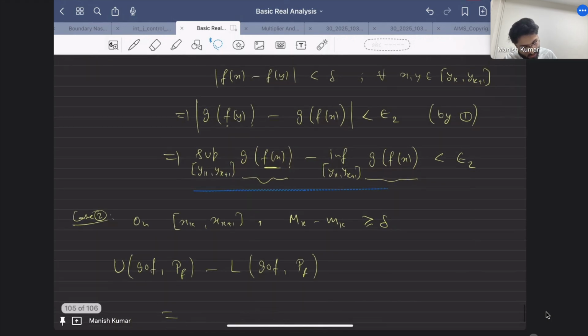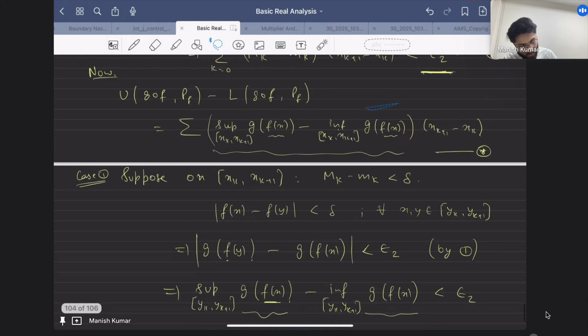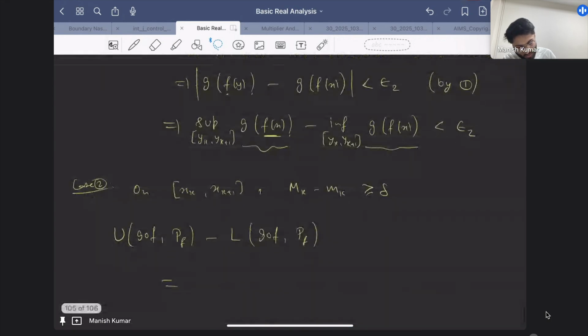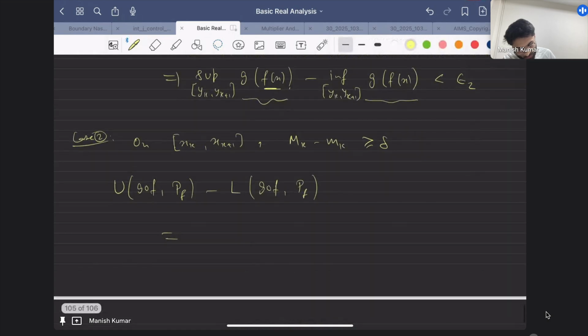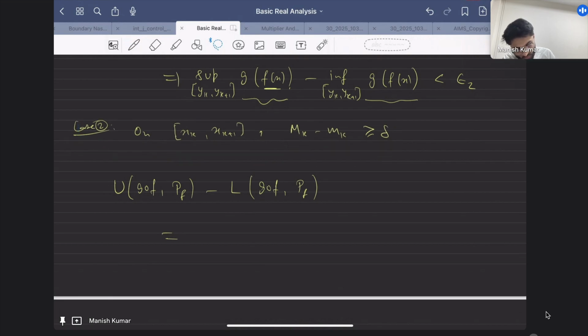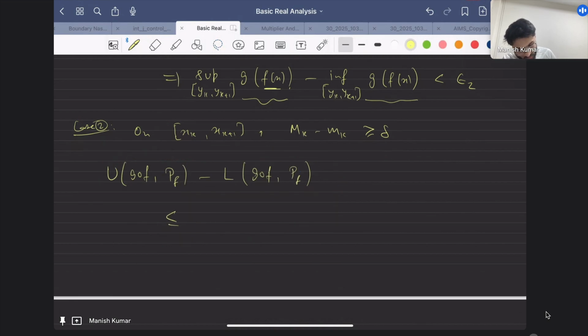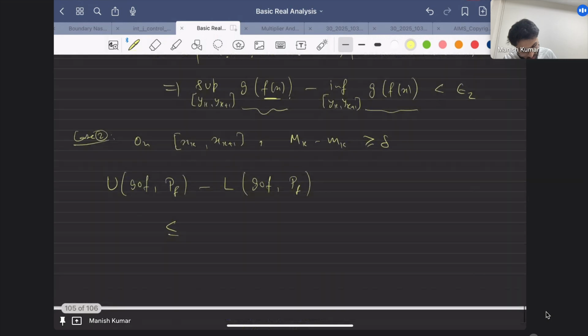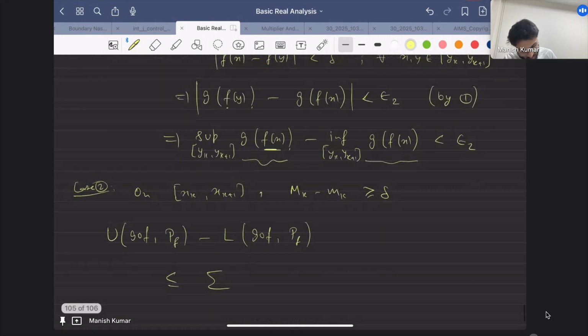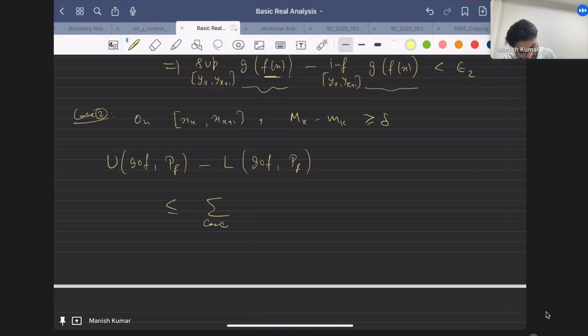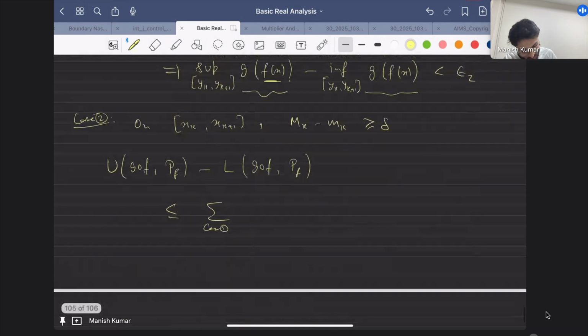Okay, and for the other part, in this case what I can do is, again like before, this is less than or equal to, suppose I split it into two parts. Like case 1, corresponding to that case I have this is strictly less than epsilon 2, and there I have less than epsilon times x_{k+1} minus x_k.